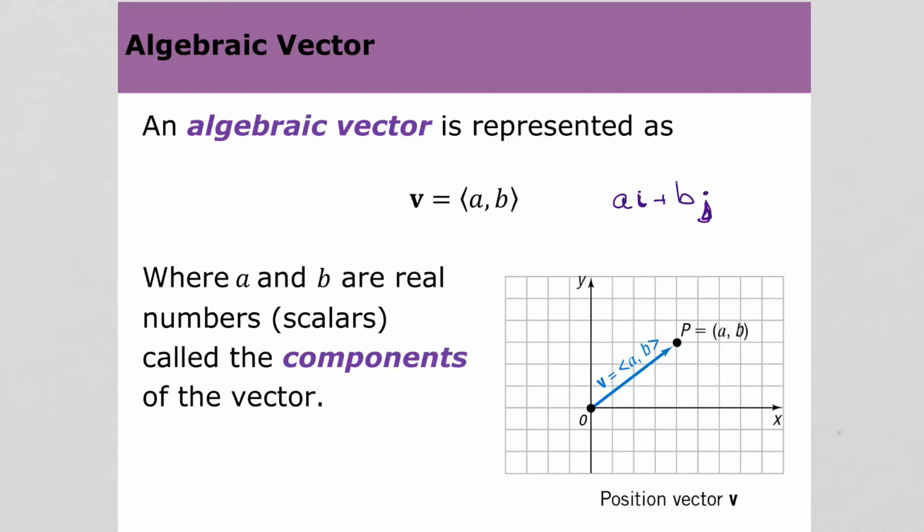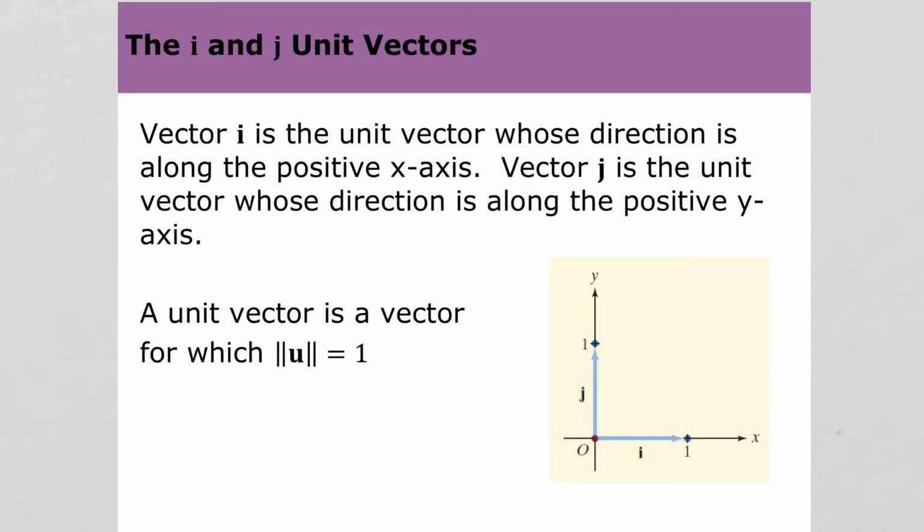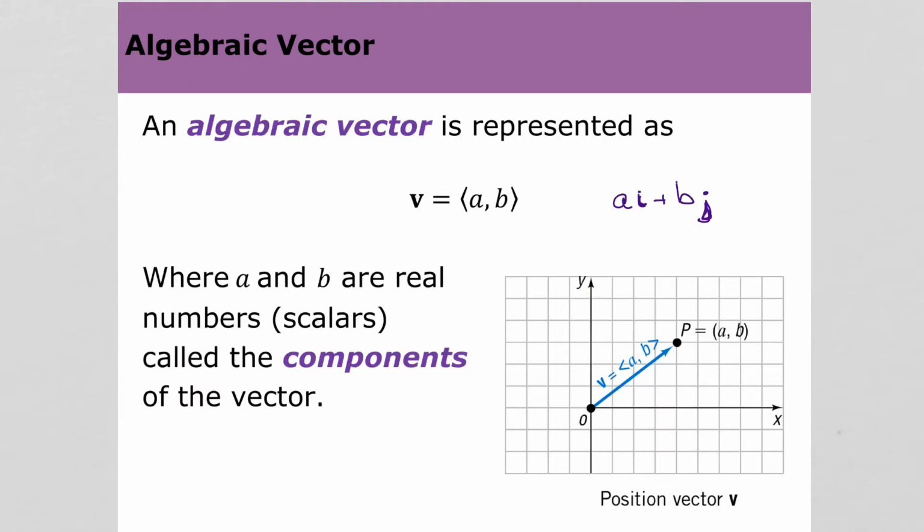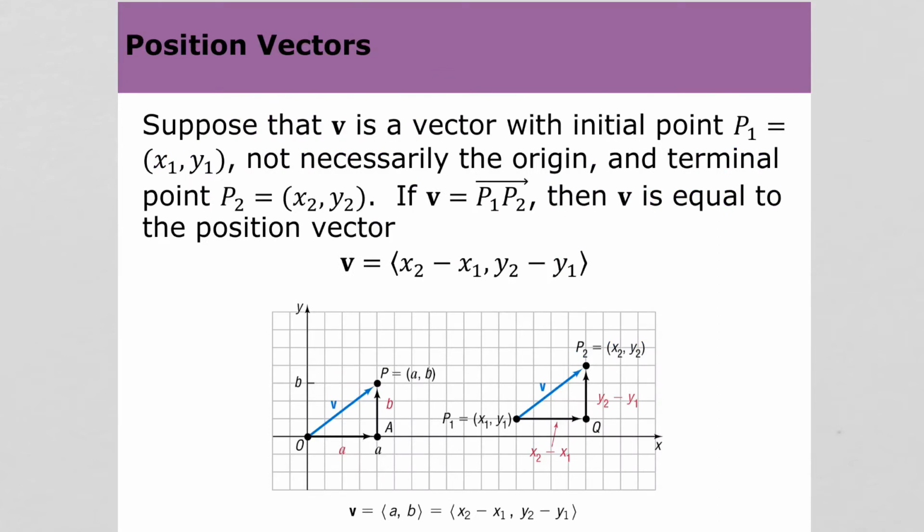Because i is going along the x-axis and j along the y-axis, and a is the x value and b is the y value, then another way in rectangular form, we would write this as ai plus bj. In component form, we write it like that.